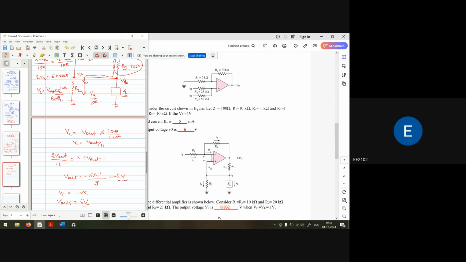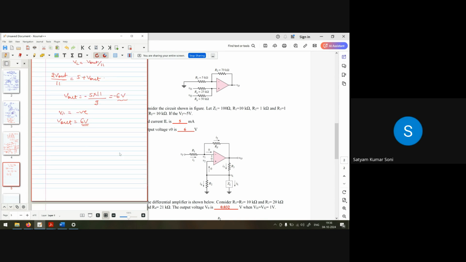Okay. And if V out is 6 volt, we can easily calculate the value of IL. How do we calculate the current IL? First we calculate VL.